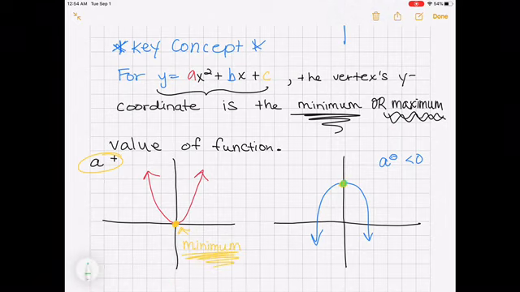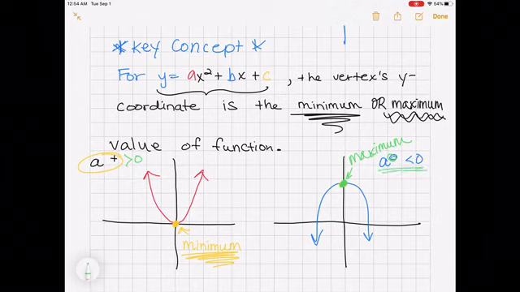And when we're looking over here, we see this vertex. It's the highest point of the parabola. We call that a maximum value. So when a is negative or less than 0, the vertex has a maximum value. So when a is positive or greater than 0, it's a minimum. When a is negative or less than 0, it's a maximum.